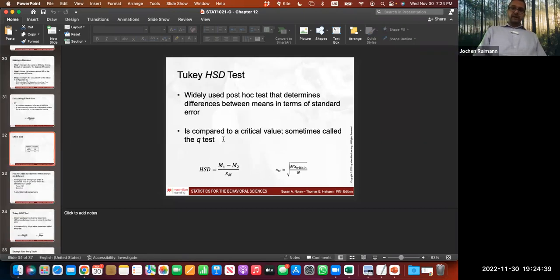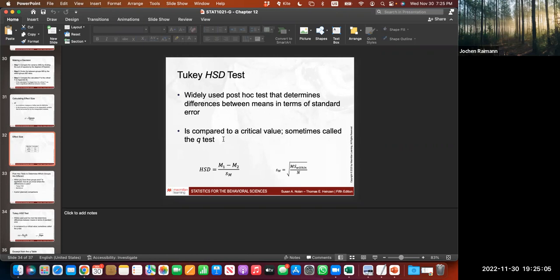Tukey essentially calculates Tukey's Q, and this is basically a pairwise comparison. So you have 3 groups: group 1 minus group 3, group 1 minus group 2, group 2 minus group 3. That's 3 comparisons.